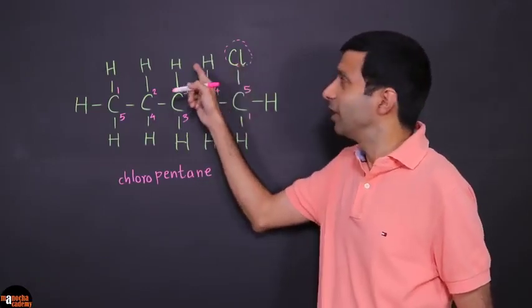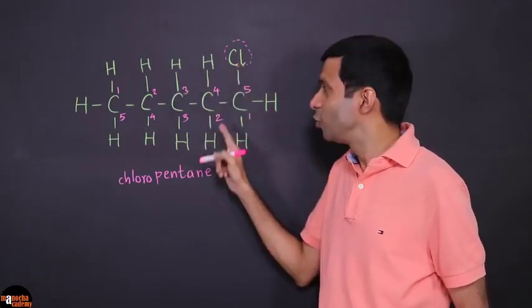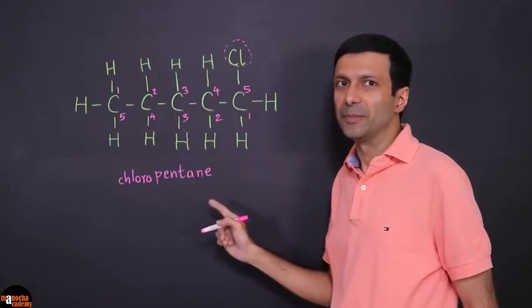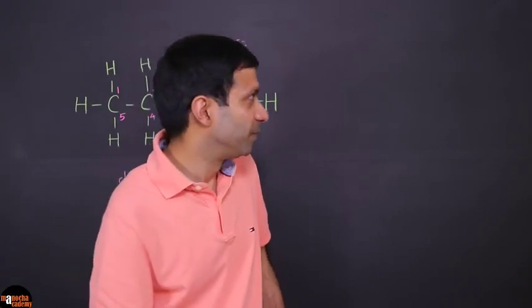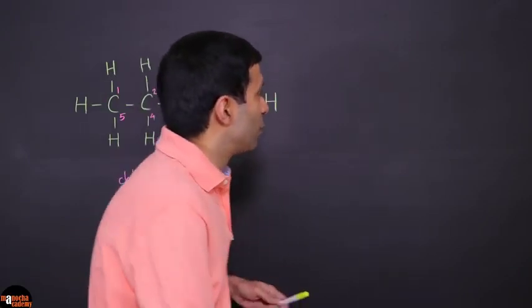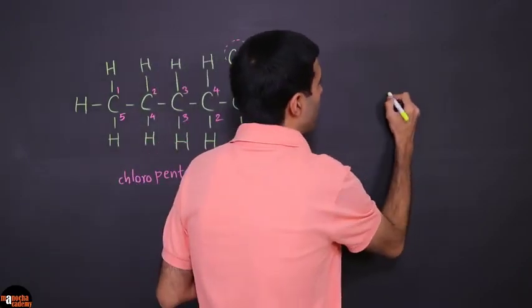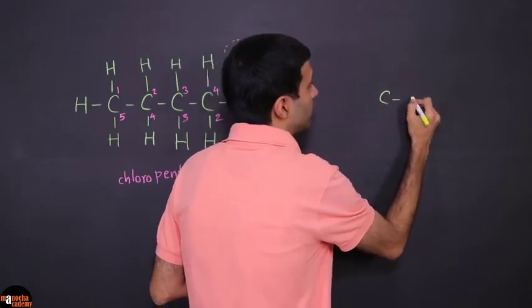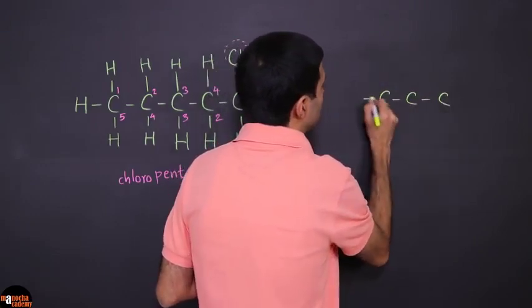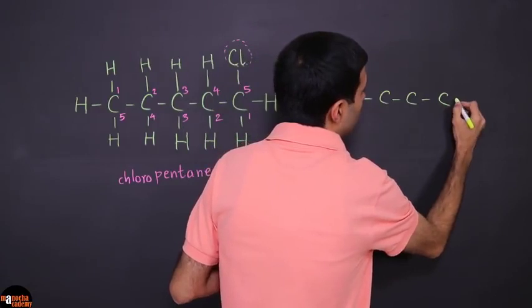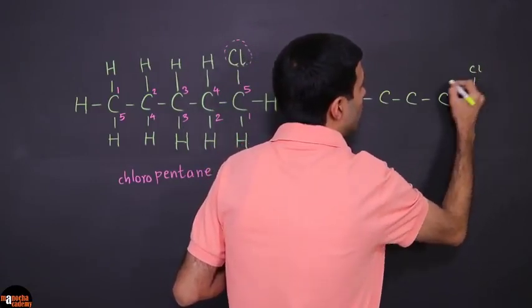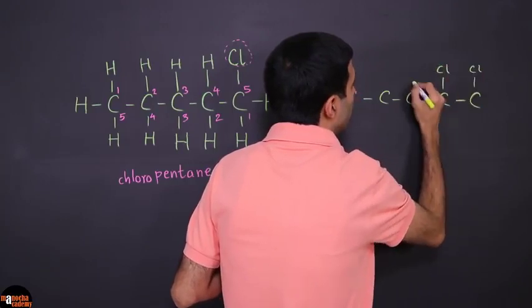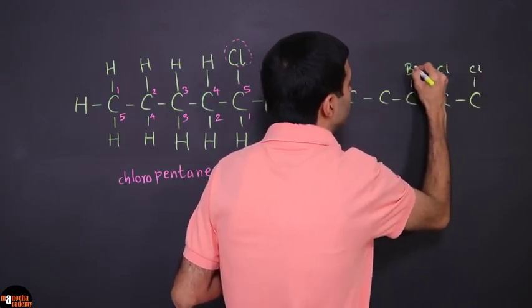But if the chlorine was here, then the name would have been 2-chloropentane, right? Now let's take a look at another example. So let's say again we have 5 carbons here, and we have a chlorine in here, a chlorine in here, and let's say a bromine in here.